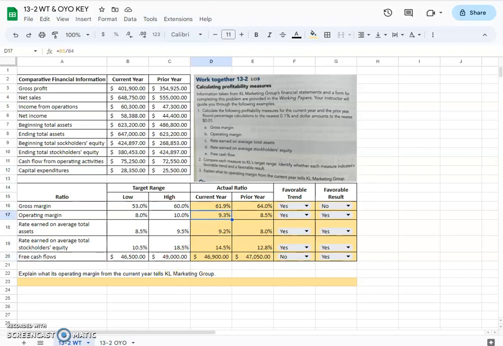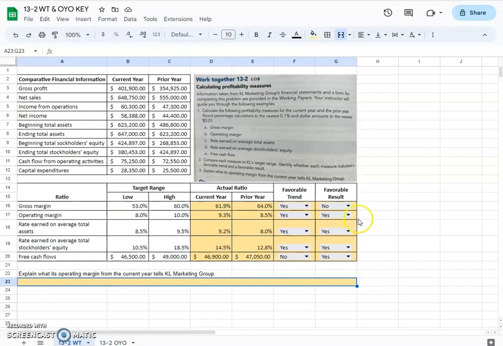So that would be a good thing. So what do we really know? From this number, we know that 9.3% means that every dollar of sales, they earn 9.3 cents of net income, right? And we know that that number was bigger than last year.